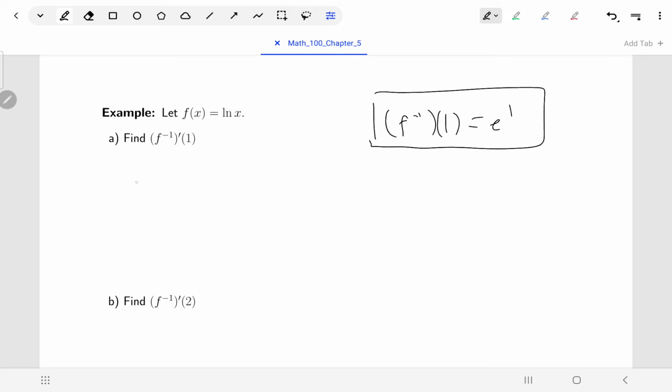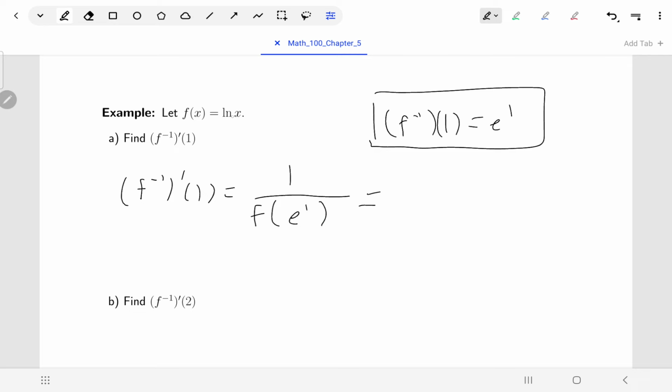So I can now apply the previous theorem and say the inverse's derivative at 1 should be 1 over the derivative of f evaluated at f inverse of 1. And f inverse of 1, we just said, was e to the 1.